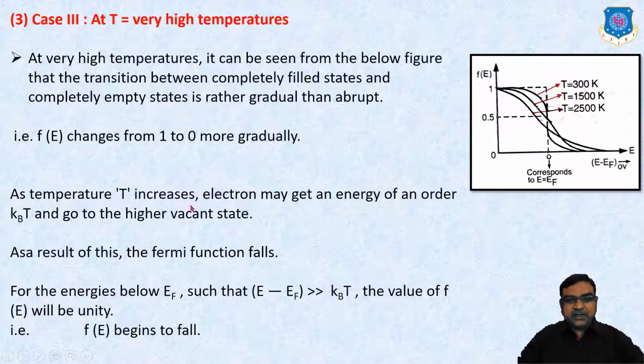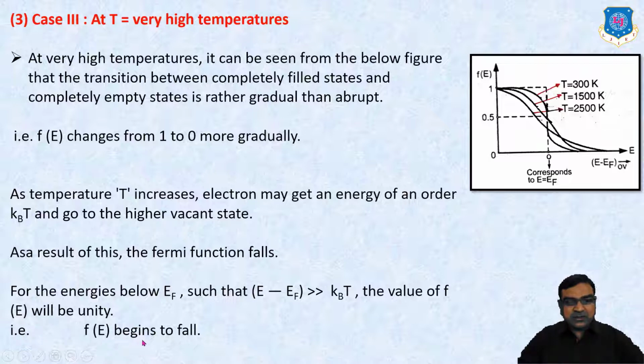As temperature T increases, an electron may get an energy of the order kB into T and go to a higher vacant state. As a result of this, the Fermi function falls, while for energies below EF such that E minus EF is always greater than kB into T, the value of f(E) will be unity.